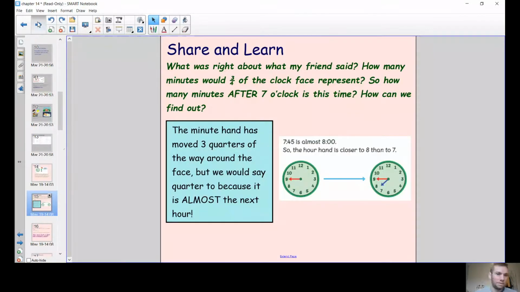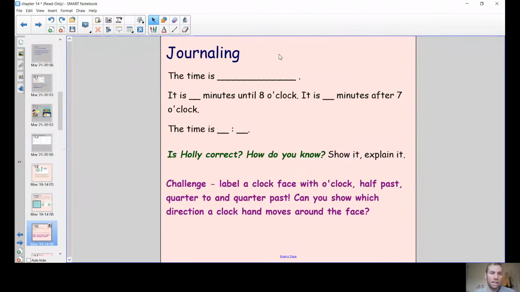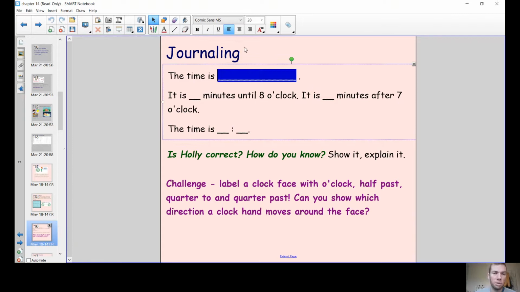Okay, let's have another look at our whiteboard and move on with our lesson. So, when you are journaling today, when you're having a go at your in-focus task, I would like you to be able to use these sentence starters. The time is, hopefully you can say 7:45. And I'll write that down just so you can see what it looks like.